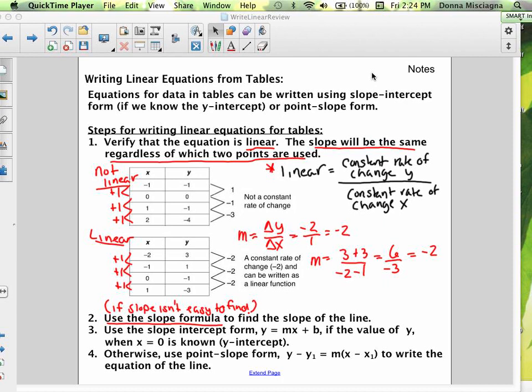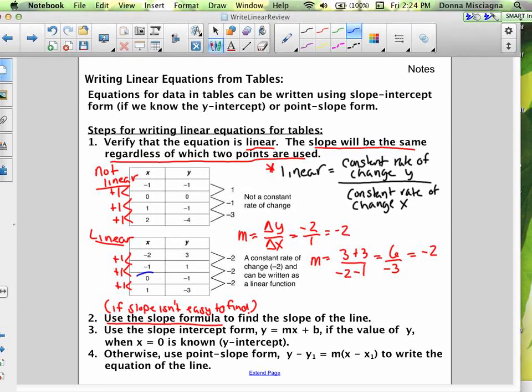Right, so once we have our slope, we're going to identify our y-intercept if it's easy to find. So we're going to use slope-intercept form, y equals mx plus b, if the value of y when x equals 0 is known. It's easy to find. So for instance, here in our second example, because that's the linear one, there's our y-intercept.